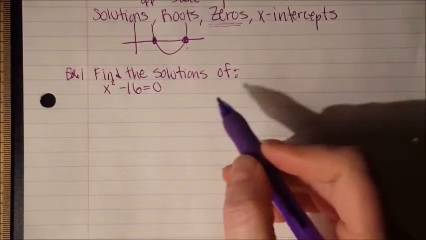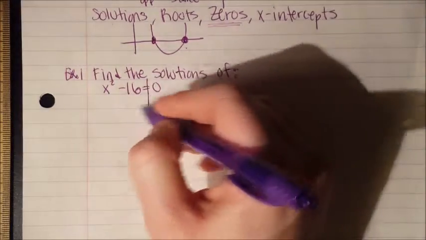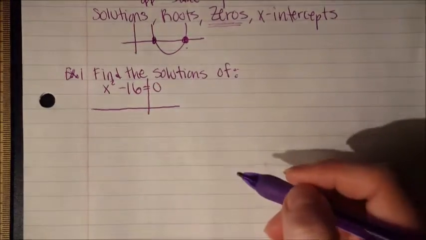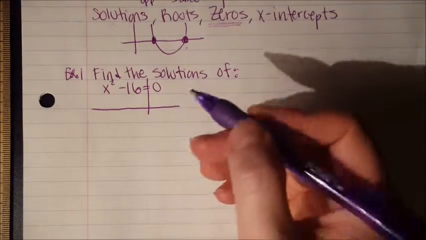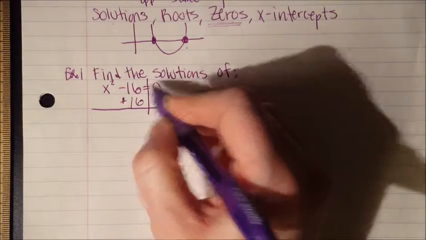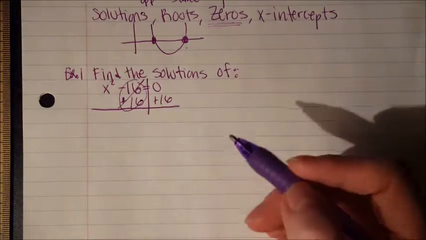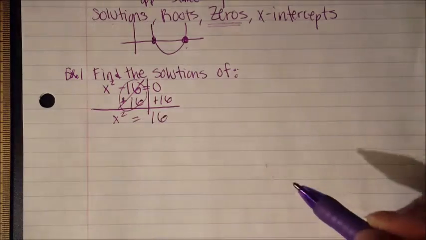Okay, so to find the solutions of this equation, I would just do my inverse operations, trying to get x by itself. So I'm going to draw an upside down t, and I have a square to move and a minus 16 to get x by itself. So first I'm going to do the inverse of minus 16, which is add 16 to both sides. That gives me a 0 there. I have x squared equals positive 16.